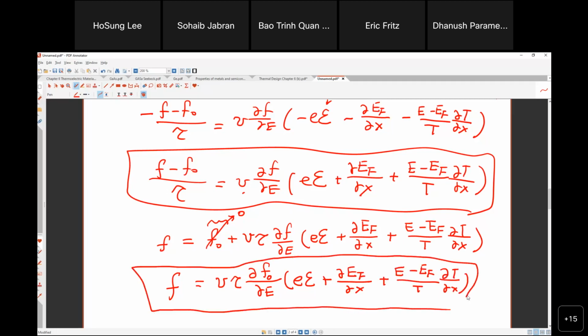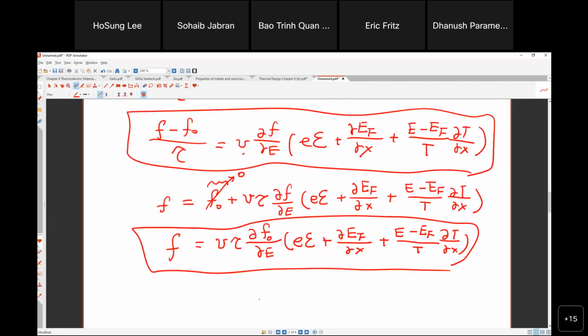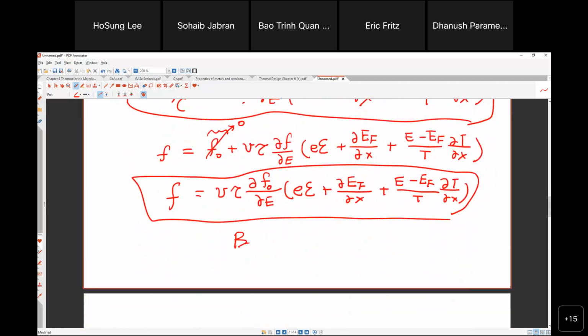Finally, we call it the Boltzmann transfer equation. Very famous. So you should know that Boltzmann transfer equation.